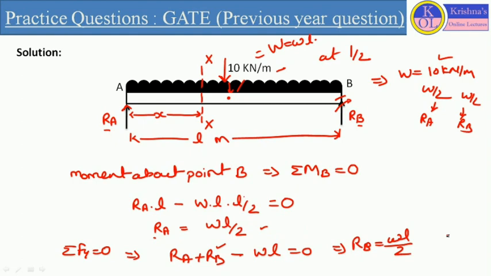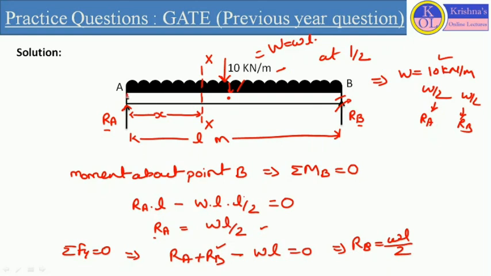Now, if we know the reactions, then we will apply the concept of SFD and BMD. Here we generally define the maximum bending moment by applying the concept of BMD. For that, we will consider one section XX at distance X from one point of the beam.